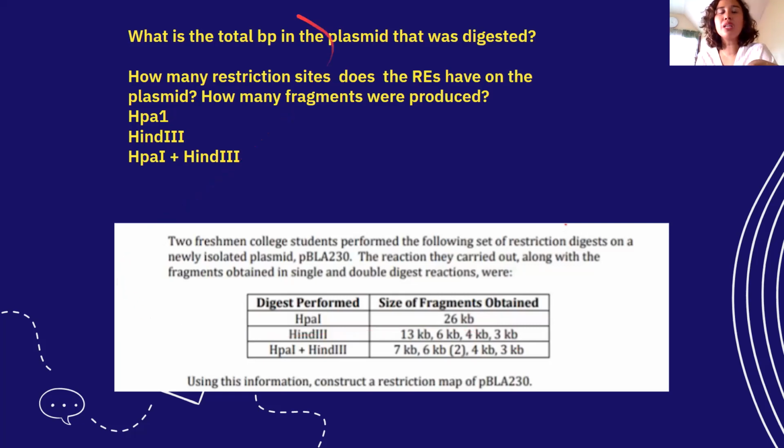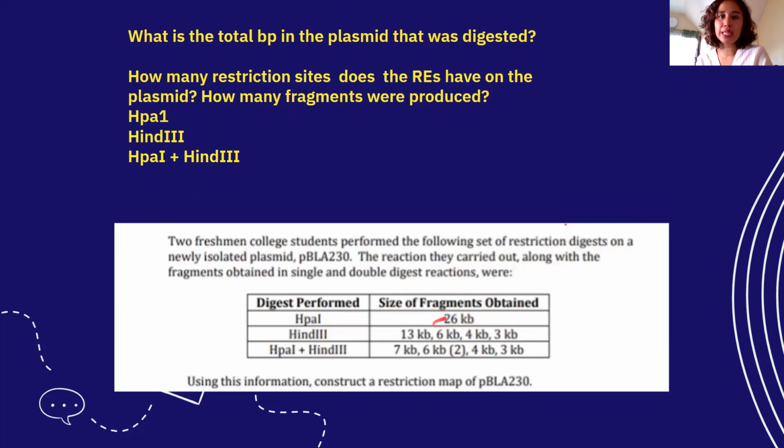So guys, the total base pair in the plasmid is the total of the base pairs per digest. Since with HpaI alone the total is 26 kilobase pairs, and there is only one cut, only one restriction site, the result on the gel electrophoresis is 26 kb.